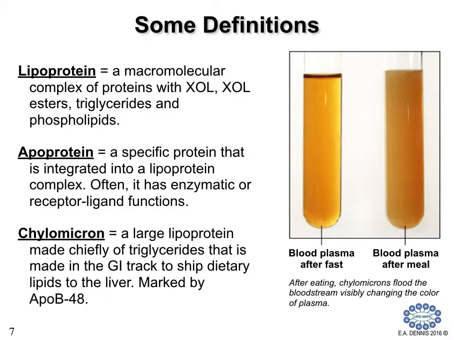Now, the largest and most prevalent lipoproteins are chylomicrons. These are made mainly of triglycerides, and they are made in the GI tract from the dietary lipids that one has digested and have the function of sending them to the liver. They are marked by a particular apoprotein termed apoprotein B48.